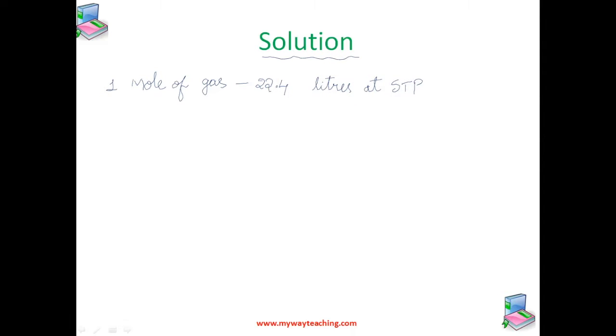So, density of air at standard temperature and pressure is given by mass of 1 mole of air by volume of 1 mole of air at STP.